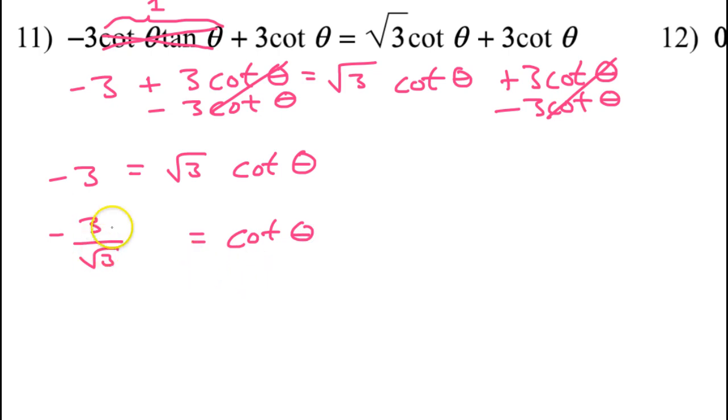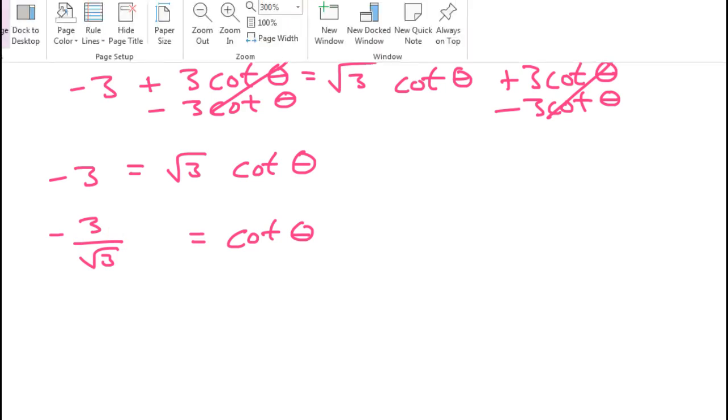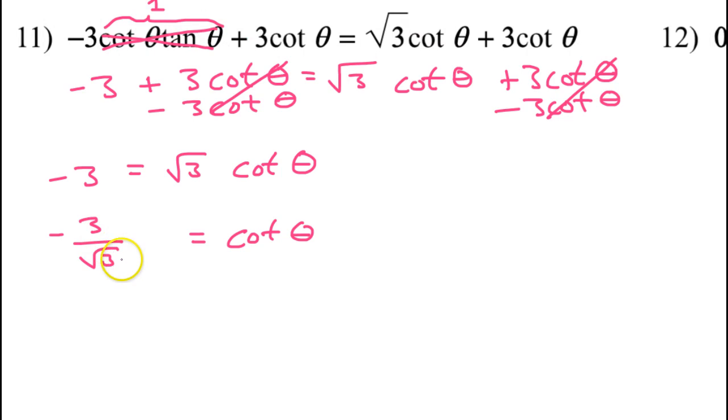This looks weird with the radical in the bottom, so it's in our best interest to rationalize the denominator. Let's multiply the numerator and the denominator by radical 3.